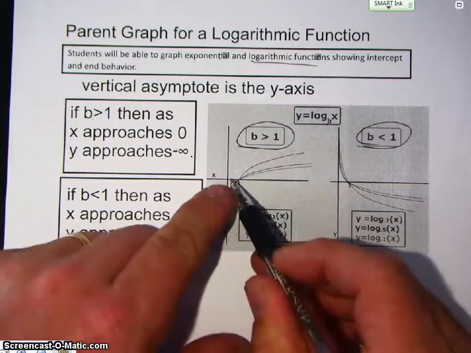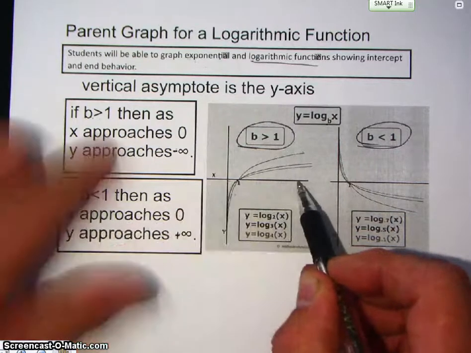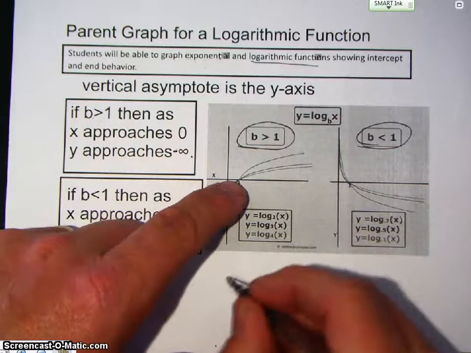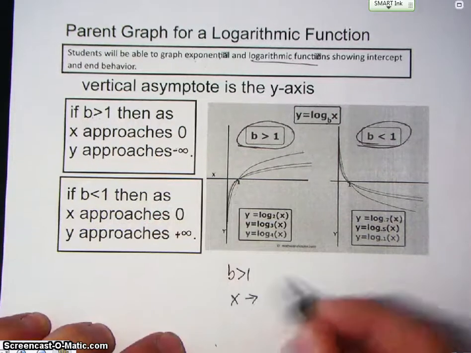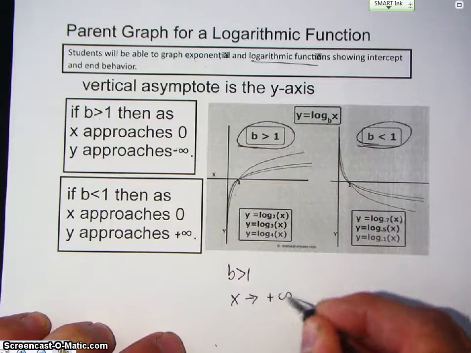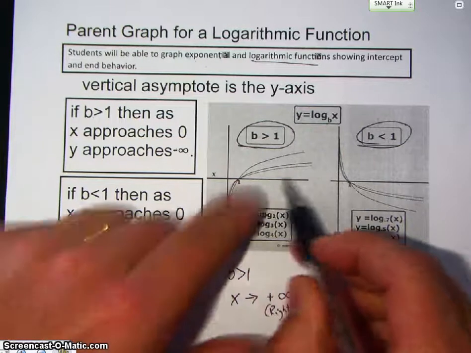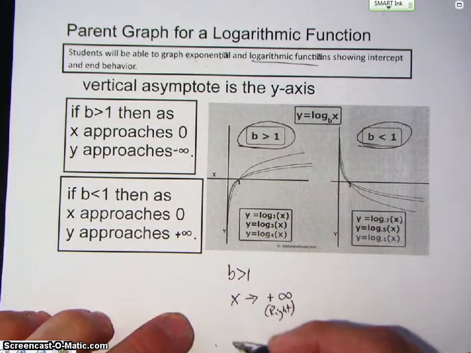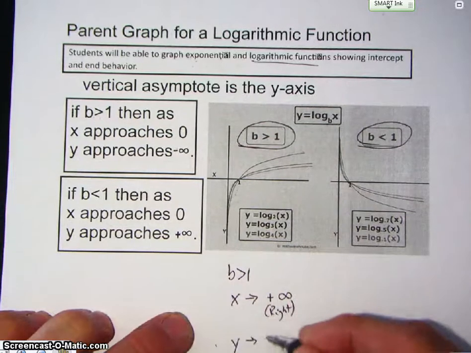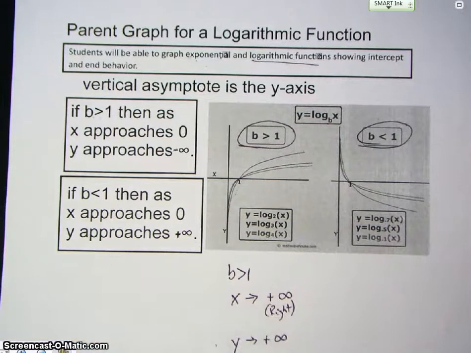So for b greater than 1, if x approaches positive infinity, in other words, if I go to the right and I keep going to the right, my y value keeps increasing. So that means y approaches positive infinity. That's one way of looking at it.